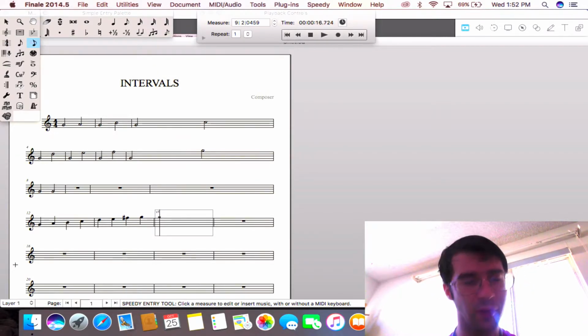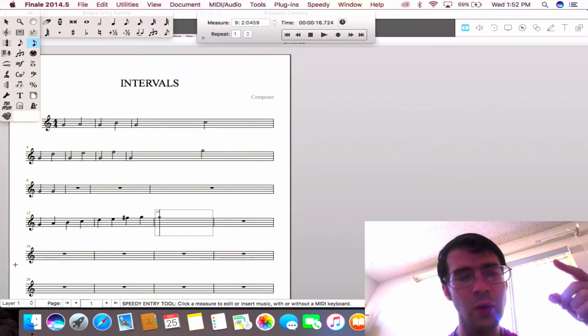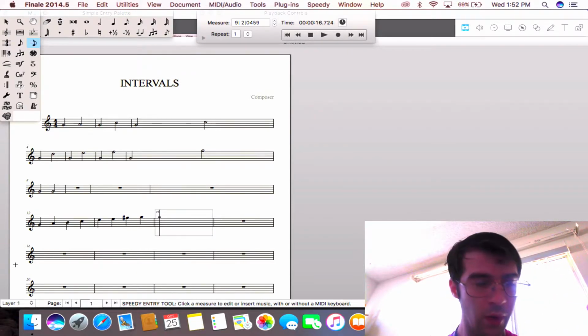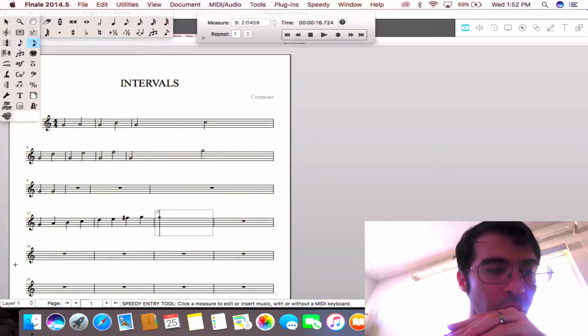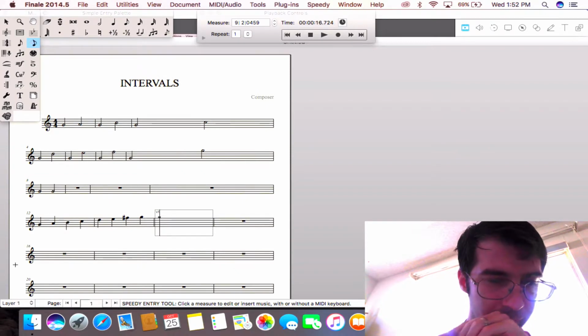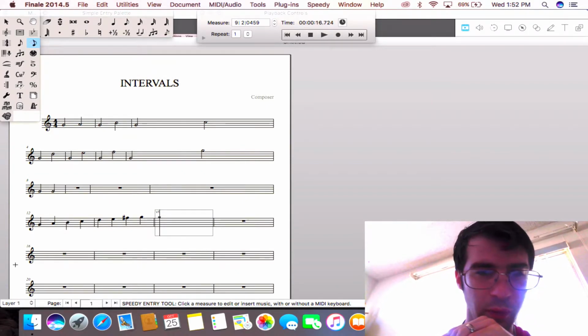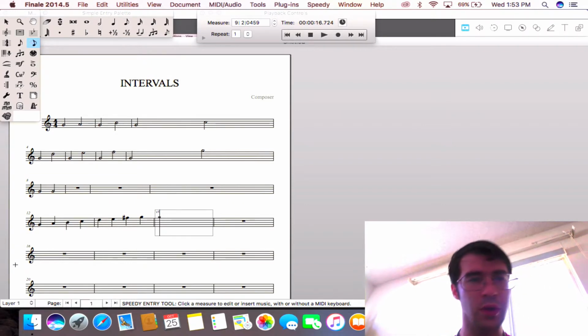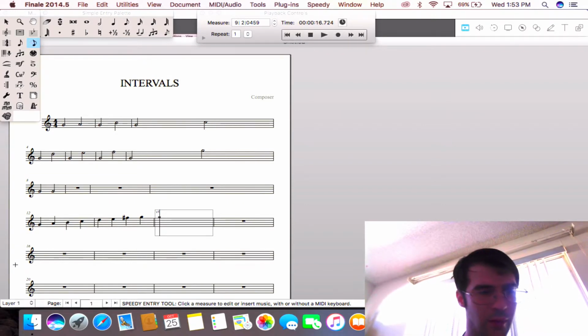Do, re, mi, fa, sol, la, ti, do. Or 1, 2, 3, 4, 5, 6, 7, octave, or 8. Those are the interval numbers that we judge the distance between two notes by as well. So when you hear me say second or third or fourth, that's what I'm talking about.